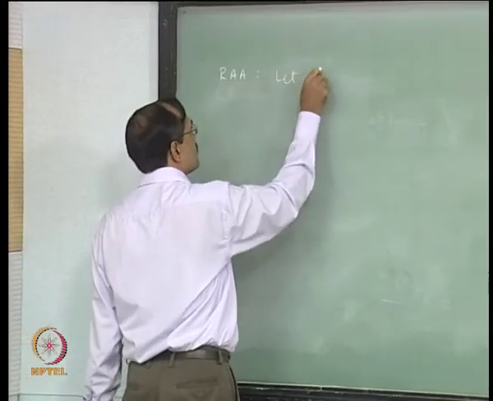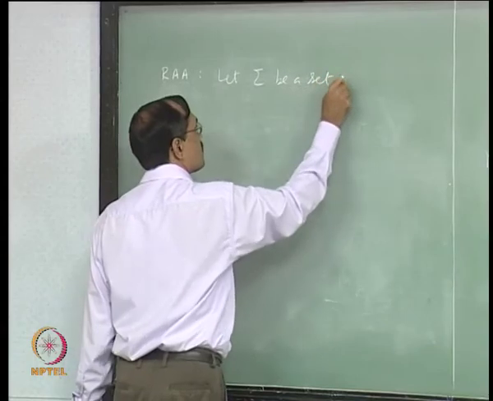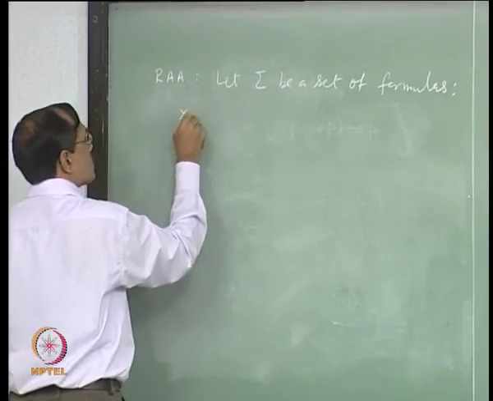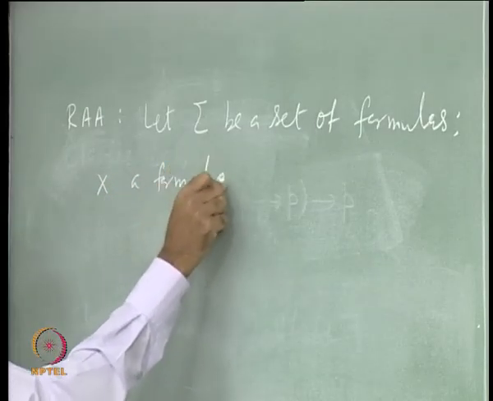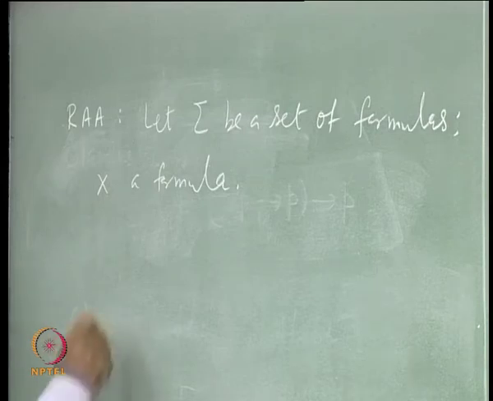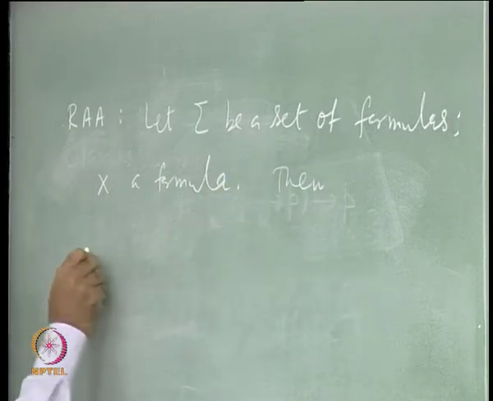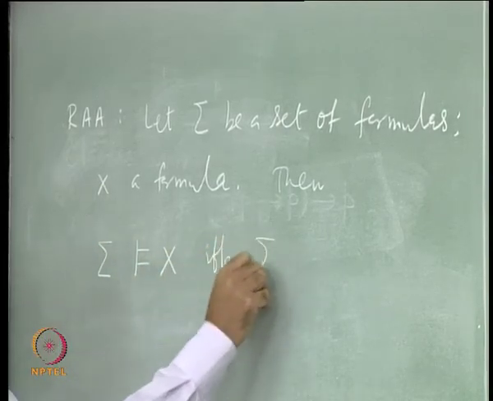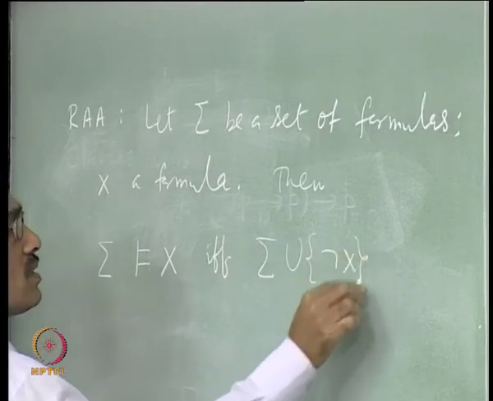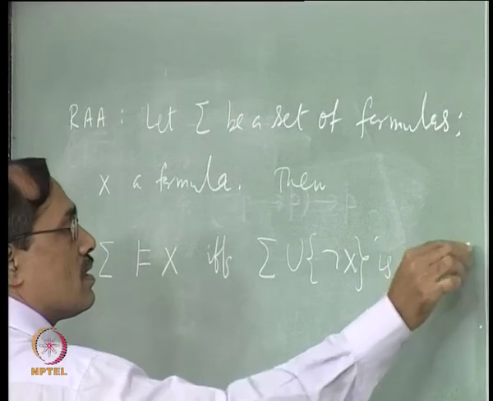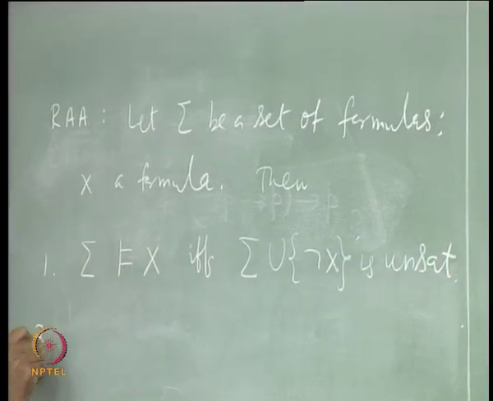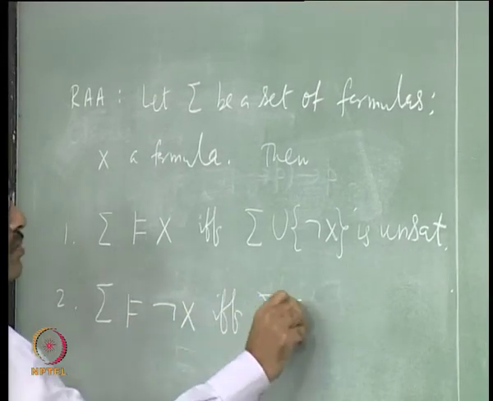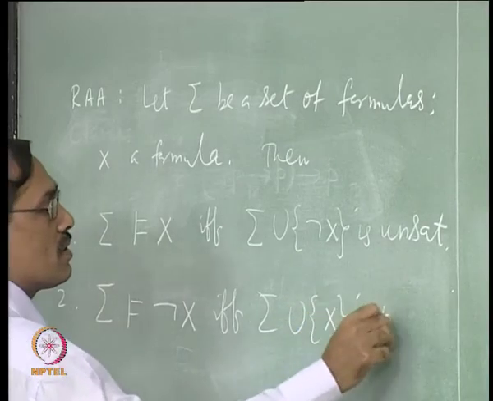So, let sigma be a set of formulas, x a formula, then it says sigma entails x if and only if sigma union not x is unsatisfiable. Also another formulation, sigma entails not x if and only if sigma union x is unsatisfiable.